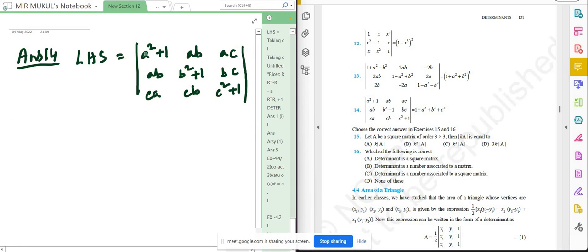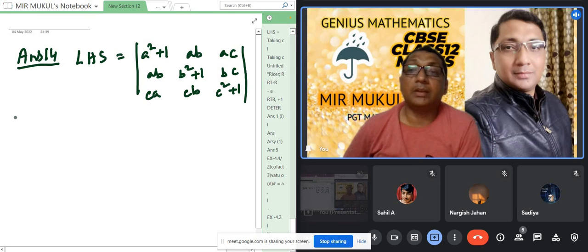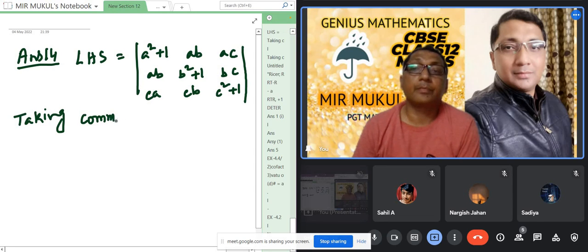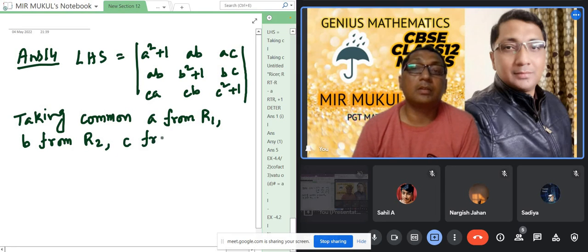So here what we'll do, we'll take a common from R1, b common from R2 and c common from R3. Understood? So taking common a from R1, b from R2, c from R3.